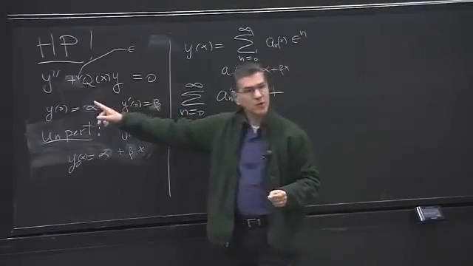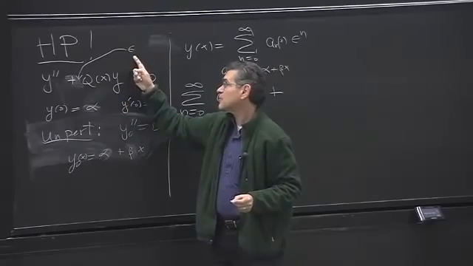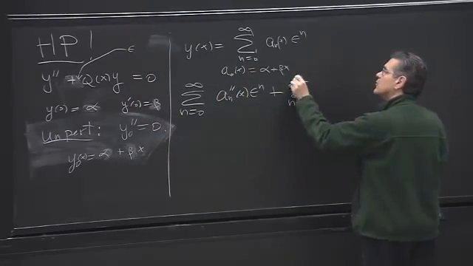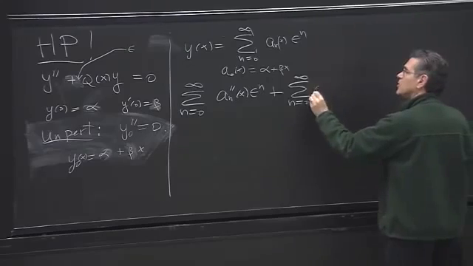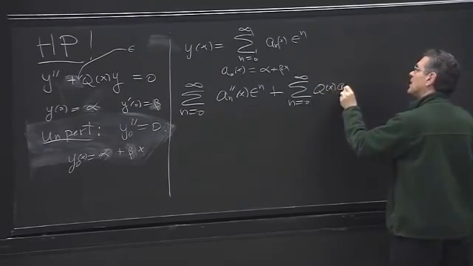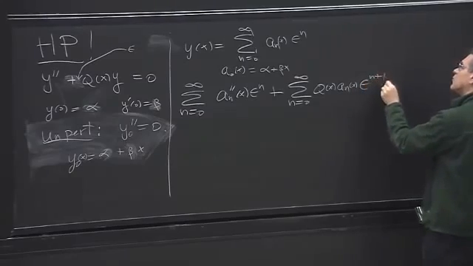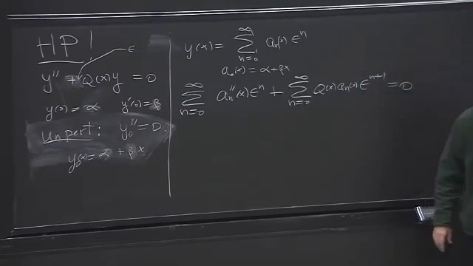And the second term in the equation is q of x times epsilon times y. So that is the sum from n equals 0 to infinity q times a sub n of x times epsilon to the n plus 1, and that's equal to 0.